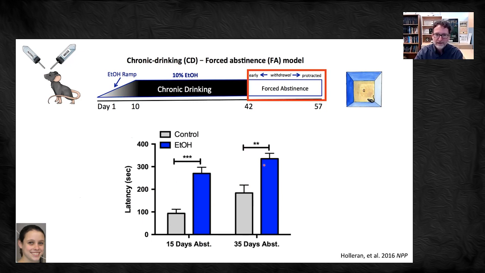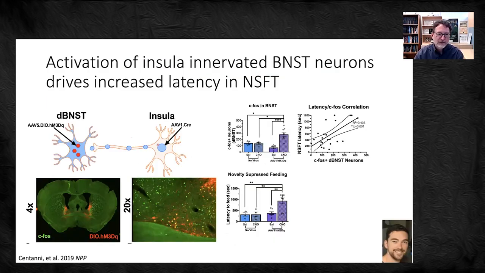during forced abstinence. To test that idea, what we did was to use a viral strategy to selectively deliver a switch to the BNST cells that receive insular input. The way we did this was to use two viruses, one that we injected into the insula and one that we injected into the BNST.